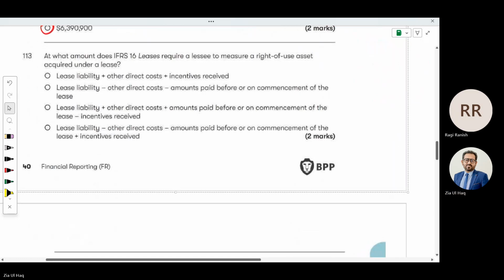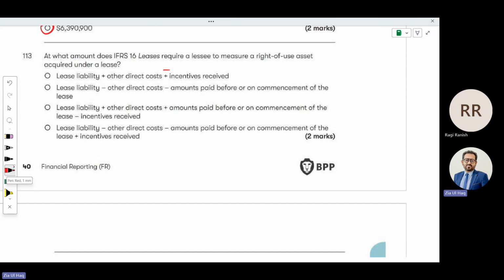113, please. At what amount does IFRS 16 Leases require a lessee to measure a right of use asset acquired under a lease? Asset calculation is based on lease liability, yes, plus other direct cost, yes, plus incentive received? No, we need to deduct incentive received.